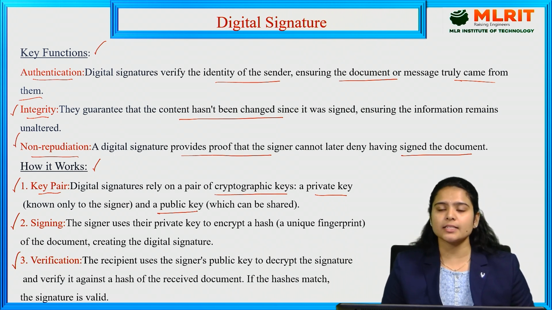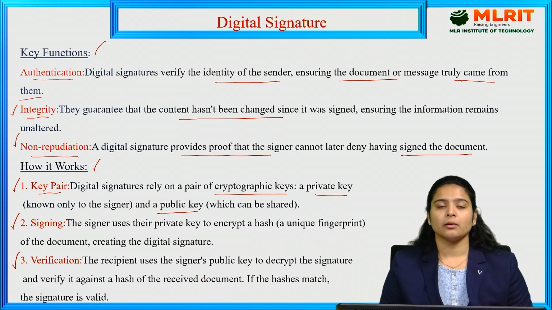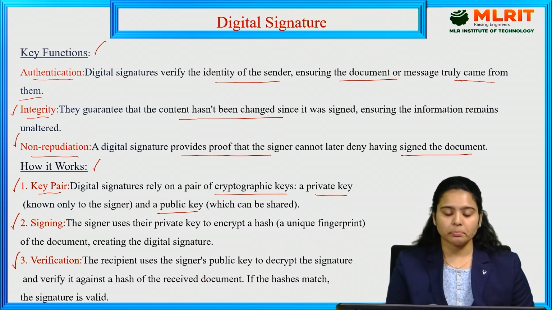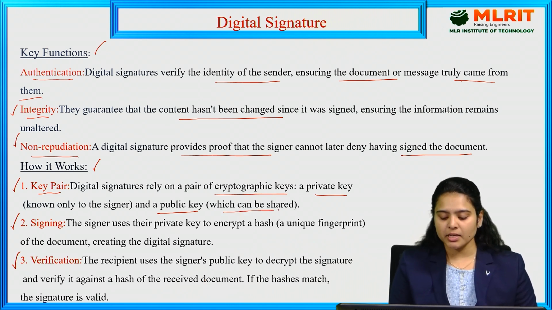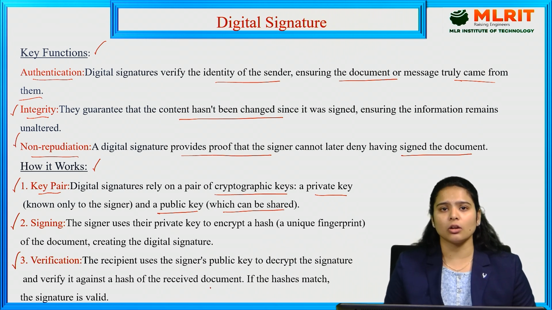The private key is known only to the person who is going to sign, called the signer. The public key can be shared, meaning people outside can share the public key, but only the user can see the private key data.